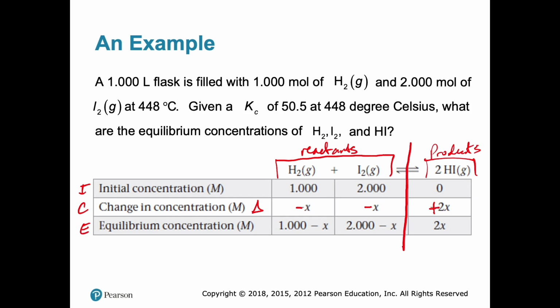At the end of it all, the equilibrium concentrations can be solved using these equations, quote unquote. The equilibrium concentration for hydrogen gas is going to be 1 minus X, which is the initial minus the X. Iodine gas will be 2 minus X, the initial minus X. And for hydrogen iodide, since you were at 0 and you're doing plus 2X, the concentration at equilibrium will just be 2X. Just like that.